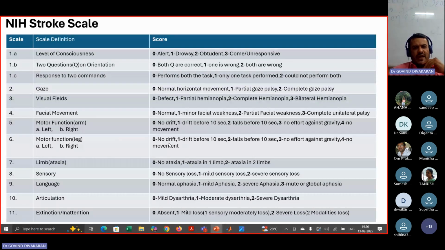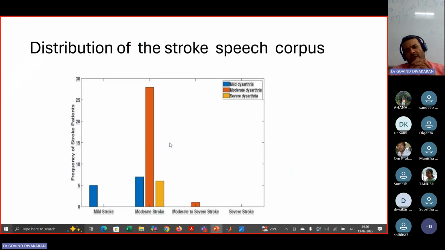So what we do is that when we collect data from a patient, the NIHSS score will be the label. Based on the NIHSS score, we categorize whether the speaker belongs to the mild, moderate to severe, or the severe category.